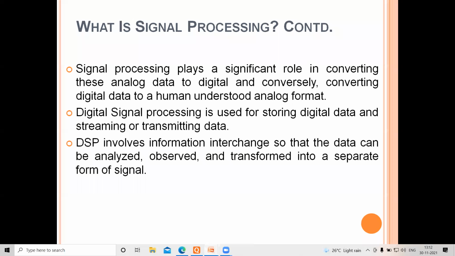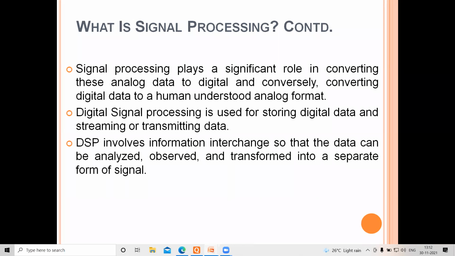That's basically converting your analog signal to digital signal or vice versa, and your digital data to a form that human beings can understand. You cannot understand if your data or information is in the form of zeros and ones. It has to be a signal, a mechanical signal, where voice, for example, you convert into zeros and ones.